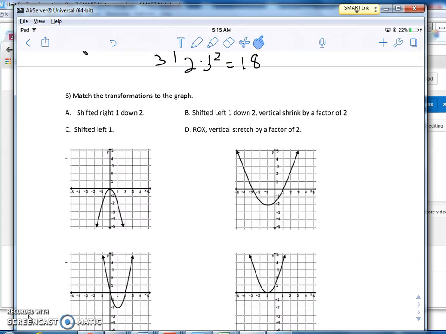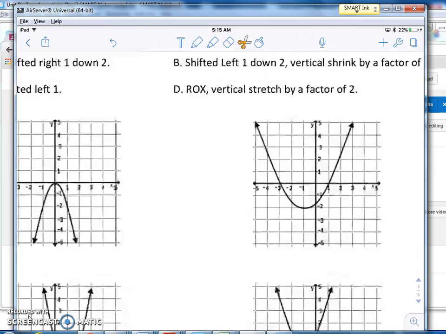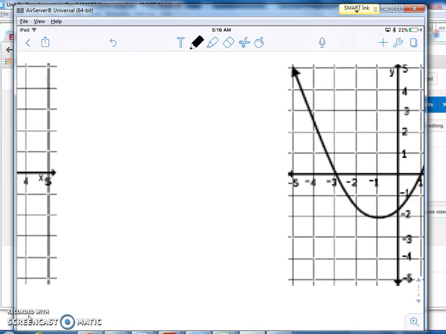Alright, number 6 says match the transformations to the graph. Remember, transformations are based on the parent function y equals x squared, which goes to 0, 0. And looks something like this, I hope. Sorry, not perfect. Maybe we should be perfect, huh? A little closer to perfect.